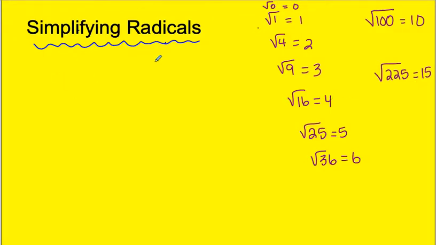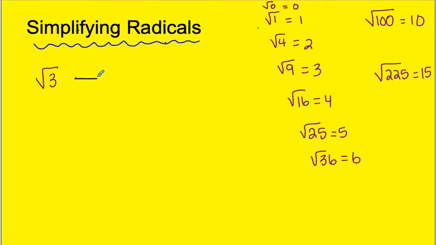But how do we simplify a radical? Well, it's easy if it's a perfect square. These are all perfect squares, so their results are going to give me a real number. But the problem is when I have numbers that are not perfect squares, such as the square root of 3. The square root of 3 is an irrational number.